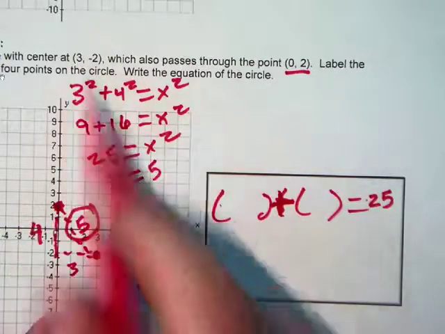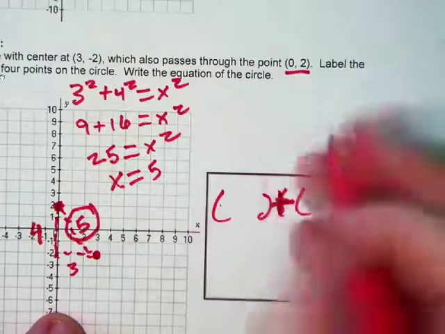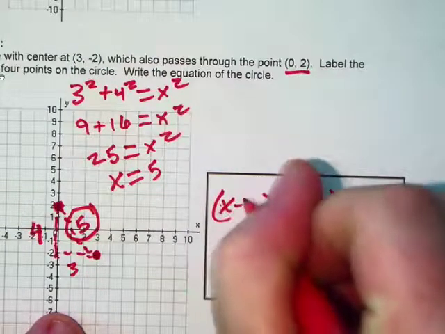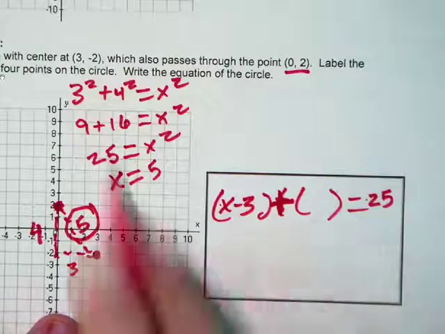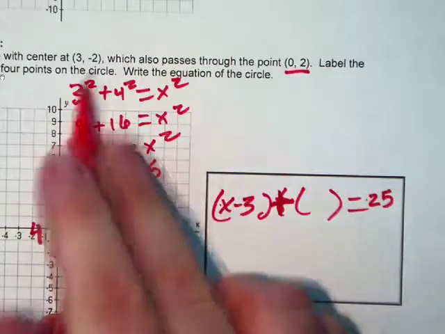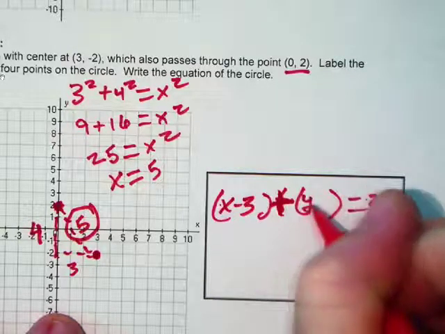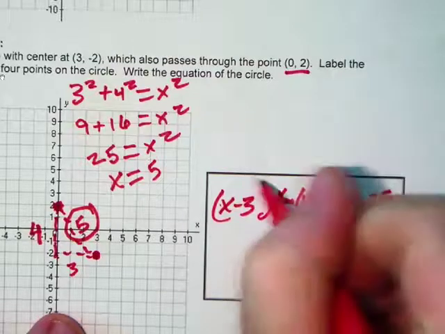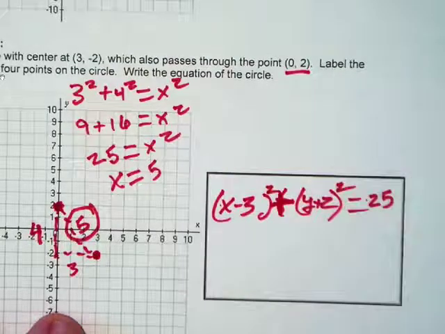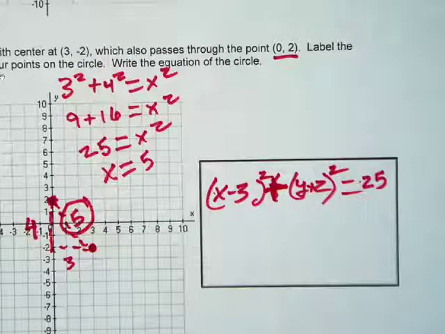Our x coordinate is 3 for the center. So x minus 3. And what's our y coordinate? Our y coordinate is negative 2, so y minus a negative 2 is the same thing as y plus 2. And both of those are squared. I forgot to mention that, but both of those are squared. And so that is the equation for that circle.